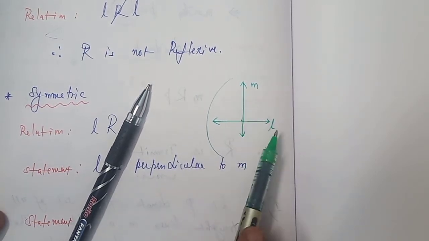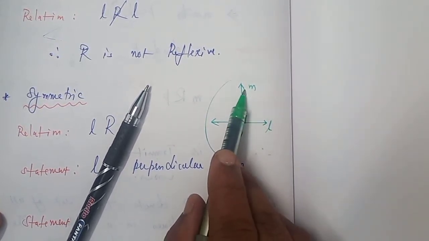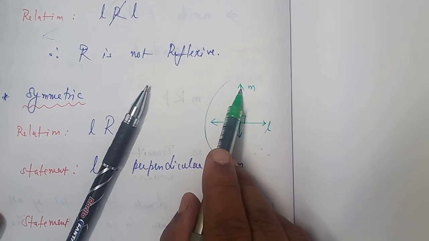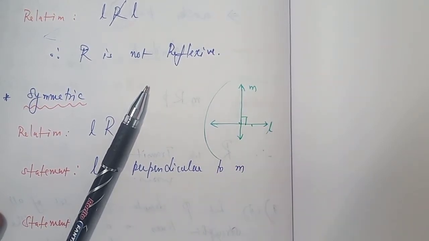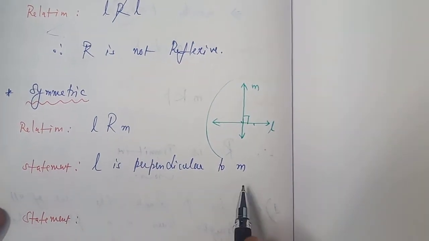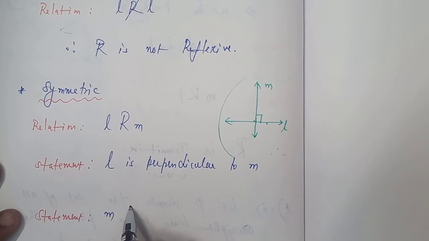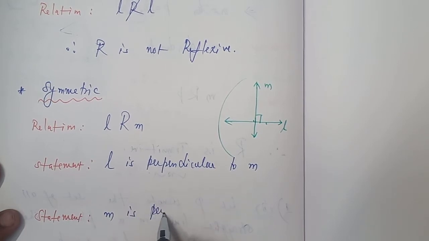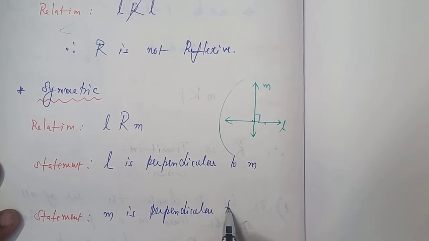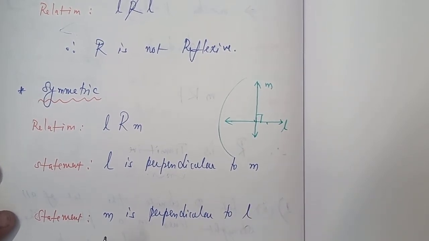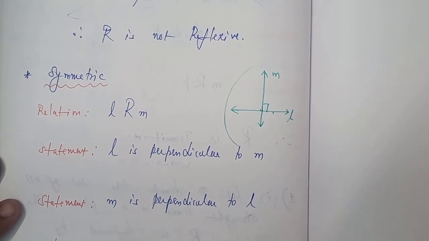Obviously, M is perpendicular to L also. Correct, no? L is perpendicular to M means definitely the line M is also perpendicular to L. The symmetry is the reverse: M is also perpendicular to L. So M is perpendicular to L means the condition is true.